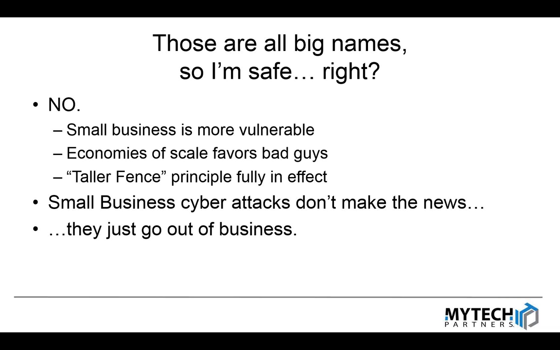For small businesses, it's harder to effectively protect yourself, and it's also not a priority in a lot of places. Because it's an exposed segment of the population on the internet, it gets a lot of attention from the bad guys. In fact, the economies of scale mean they can try 500,000 different attack points of different small businesses, and they'll just keep trying until they find one.